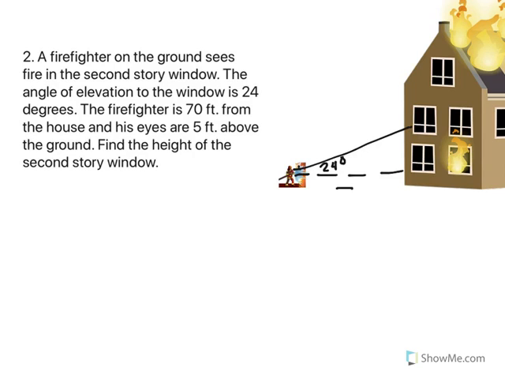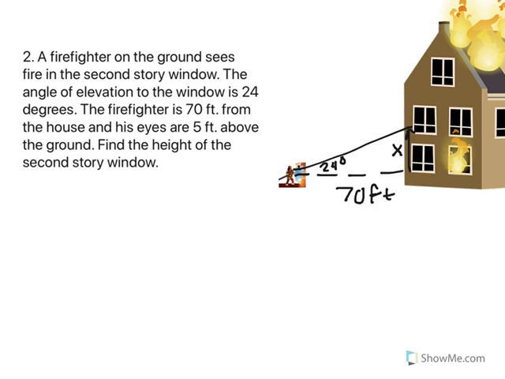Also, it's telling us that the firefighter is 70 feet from the house. And then it tells us his eyes are 5 feet above the ground, but we'll use that in a second. First, let's find the distance from his line of sight of the house up to that second story window. So let's solve for x, that length there.